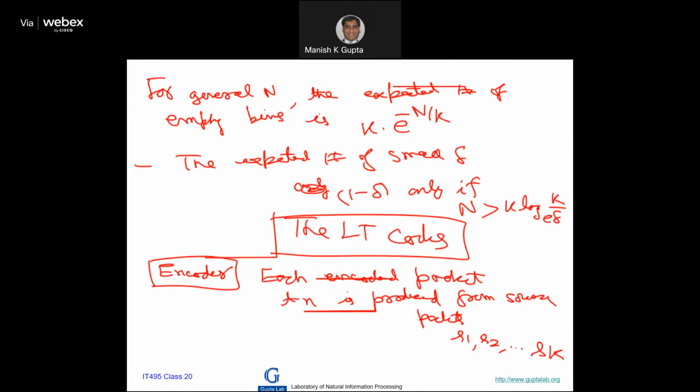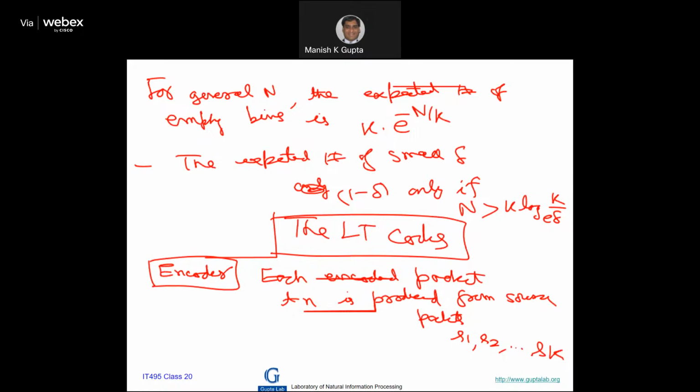Now I am coming back to LT codes, Luby transform codes. How does the encoder work? Each packet Tn is produced from the source packets S1, S2, up to SK, capital K source packets. How do we produce Tn?